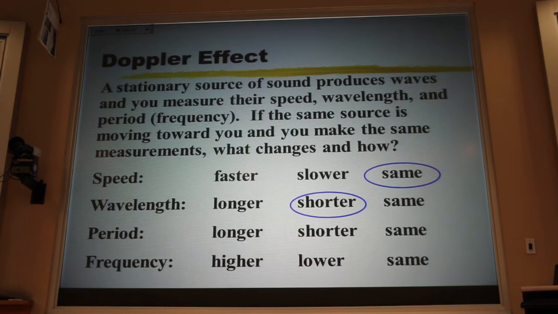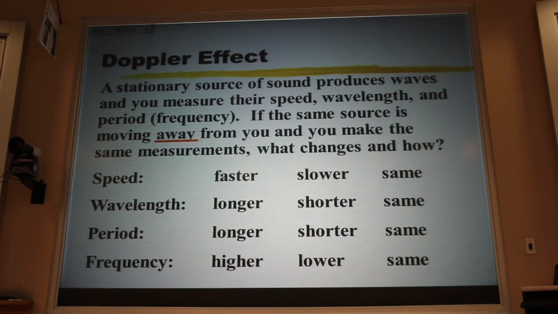What does that do to the period of the wave? Remember those trains that were coming down the track at the same speed, but one had shorter boxcars. The period would be shorter. The time it takes for one to go past your ear would be shorter. But that means the frequency, which is one over the period, would be higher, and it would be shifted up.